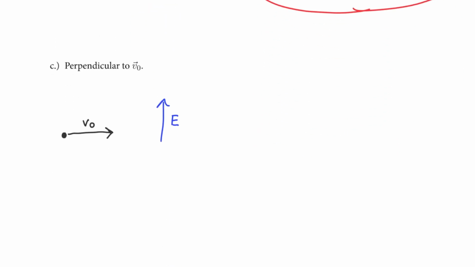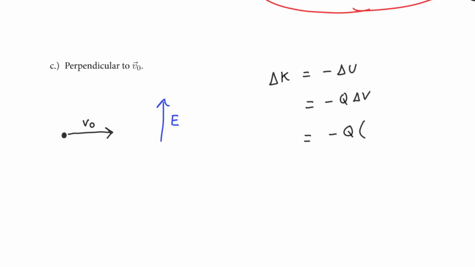And then perpendicular. So let's actually do this one again, or at least let's do the start of it. So we know that our delta K is going to be negative delta U, which is negative Q delta V, which is negative Q times, well, I'm traveling along the field again. It's just going to be traveling this perpendicular distance d, so it's going to be this angled velocity situation.